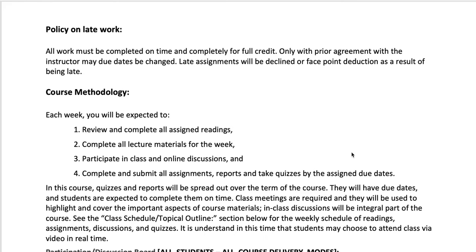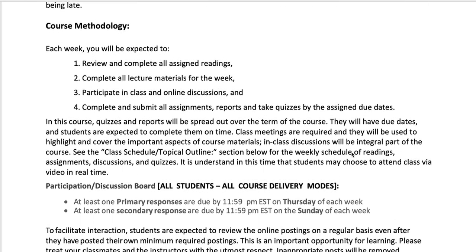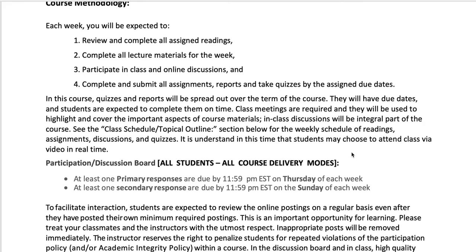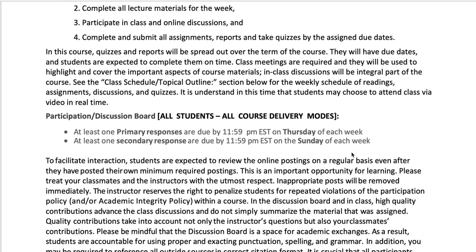You're going to attend class, participate in classroom discussion, as well as the online discussion for the week. And each week there'll be homework assignments, and periodically there are going to be quizzes in the class. So you have to complete all of this stuff in order to get a good grade.